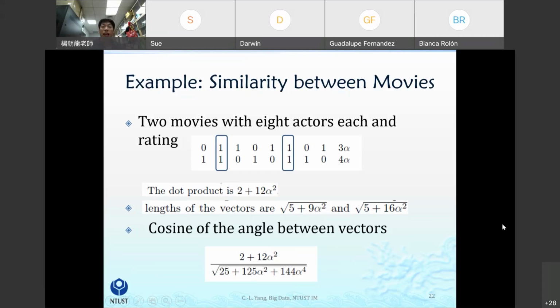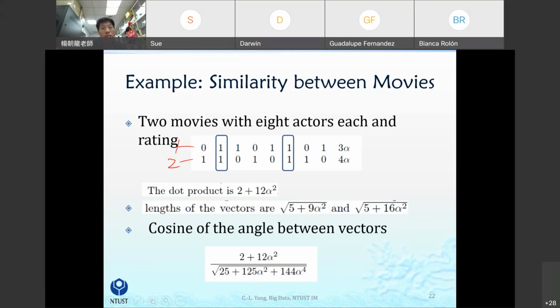Okay, here are two movies. That's movie one and that's movie two, and those are people's ratings. Of course, you see zero; this zero means no rating from that person. And your rating is summarized as 0 to 1.